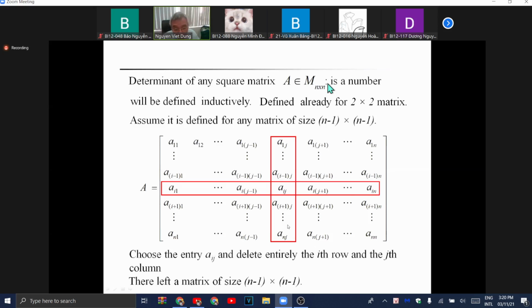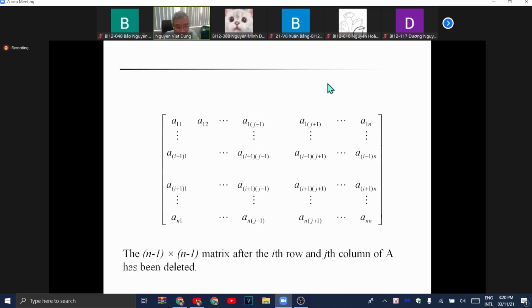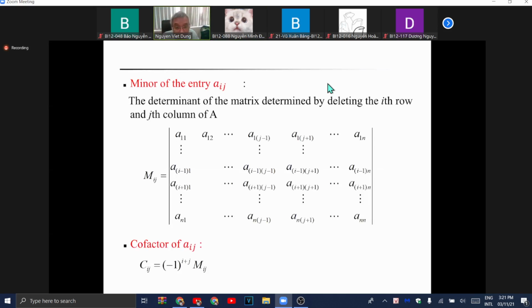After deleting the i-th row and j-th column, there is left only a square matrix of size n minus 1 by n minus 1. It is here. And because we suppose that we already know the determinant of any matrix of size n minus 1, we know the determinant of this matrix, and that determinant will be called the minor of the entry Aij and denoted by Mij.